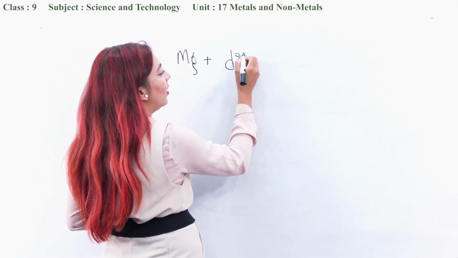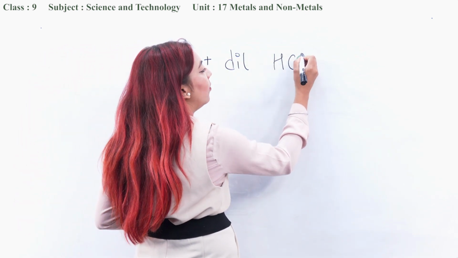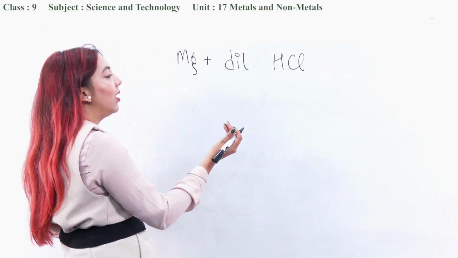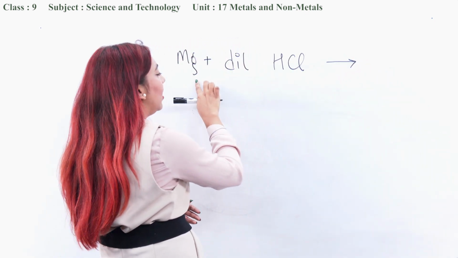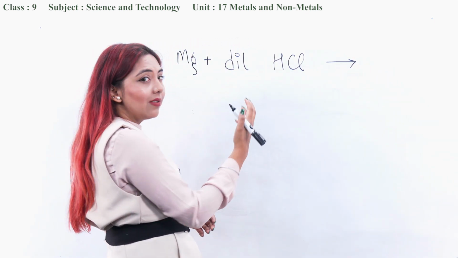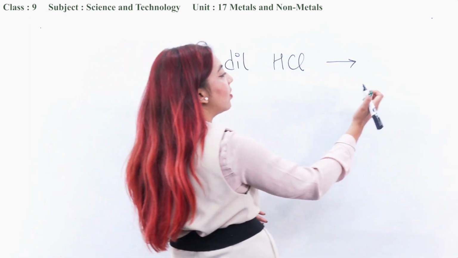So let us take an example of dilute hydrochloric acid. When it reacts with hydrochloric acid, what does it form? It forms the metallic salt. So this magnesium displaces the hydrogen that is present in the acid, and after displacing it, it forms the metallic salt.